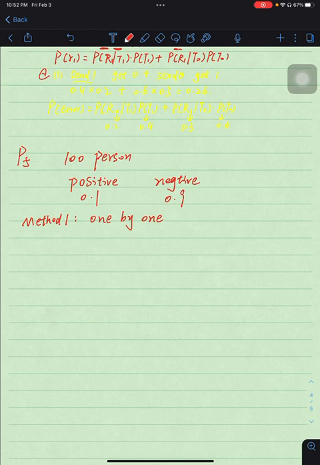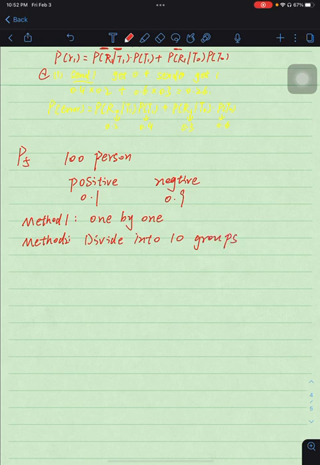So we have another method. The second method is to divide into 10 groups.